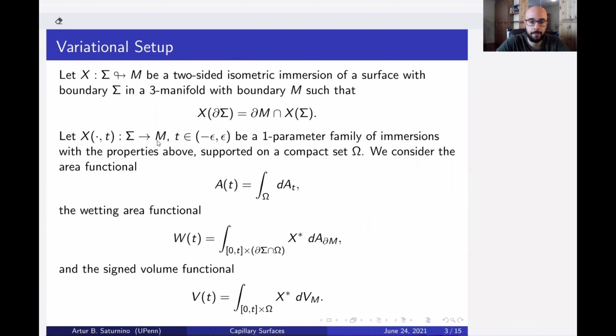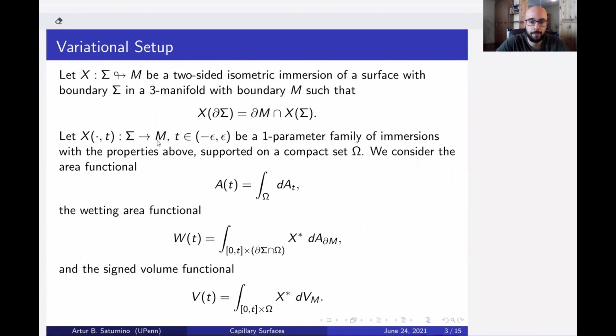But it turns out that this can be rewritten just using trigonometry as the second form here, which we use more throughout the paper. In the second form, this H partial M is the mean curvature of M with respect to the inward normal. So for example, if M is a ball in R3, this here is going to be positive.